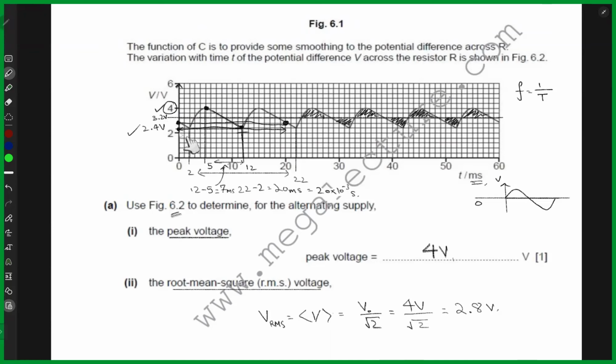Not 2.4, 2.2. 4 and 2.2, right? Because the graph is coming to a drop, minimum drop at this point. This point was 2.2. This point is 2.4. 2.4 is just above that, right? This point.